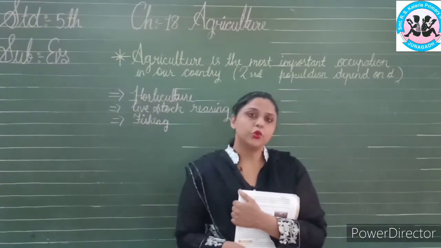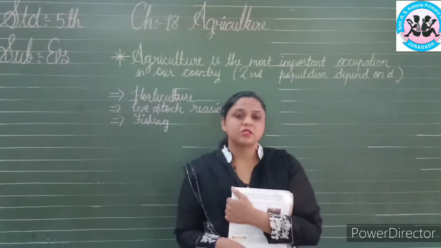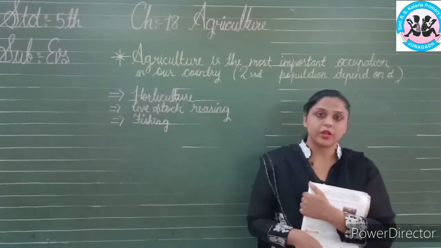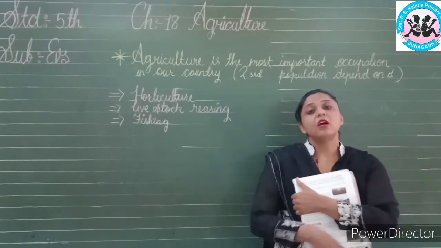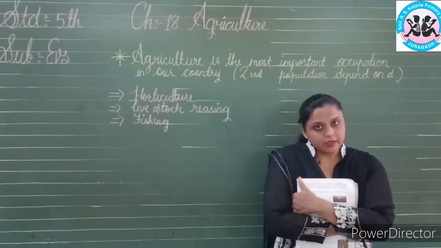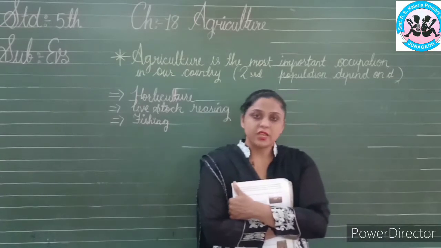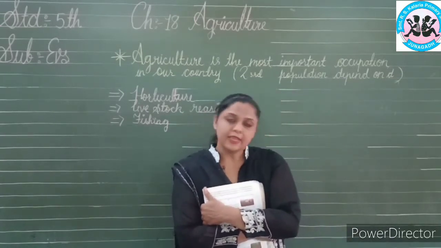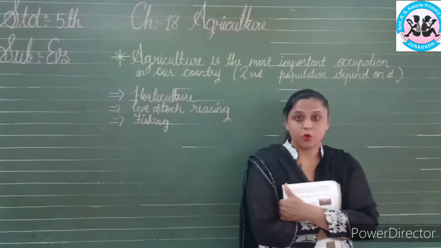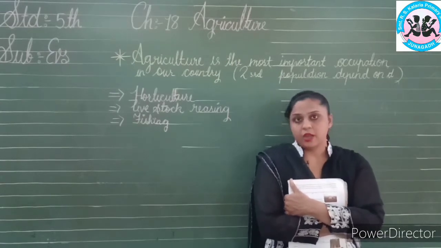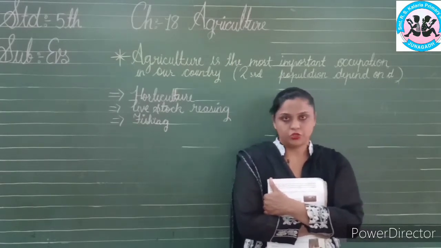Now what do you mean by livestock rearing? Livestock rearing means taking care of cattle and using and selling their products, means dairy products, poultry. These are called livestock culture.